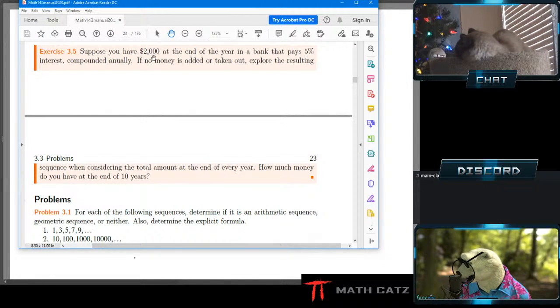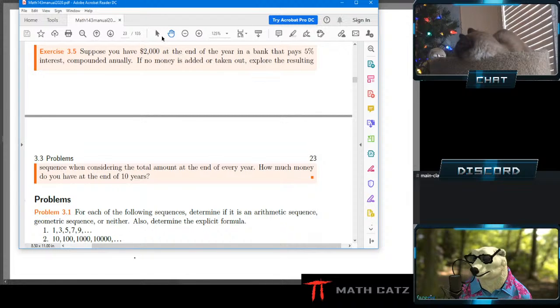So exercise 3.5. Suppose I have $2,000. Let's just say at the end of year 1, I have $2,000. The bank is very generous. It's going to give me 5% interest and compound that annually, meaning at the end of the year, it's going to add the interest to my account. And then the next year, I get 5% again, but on top of my new amount.